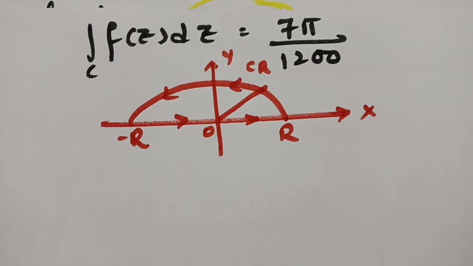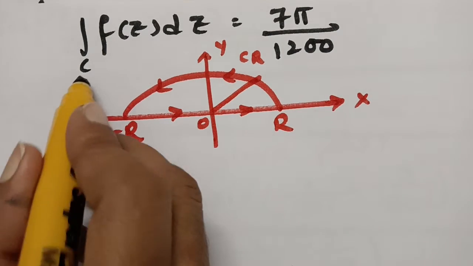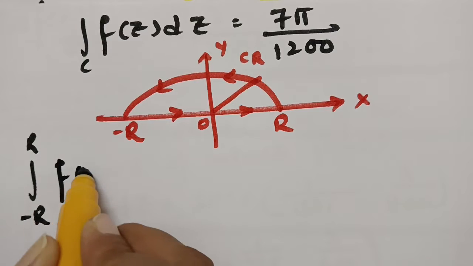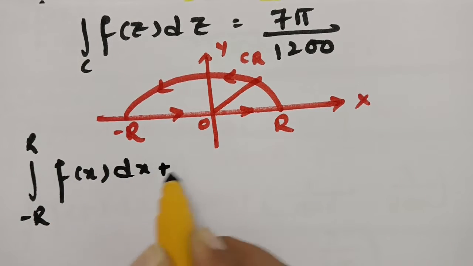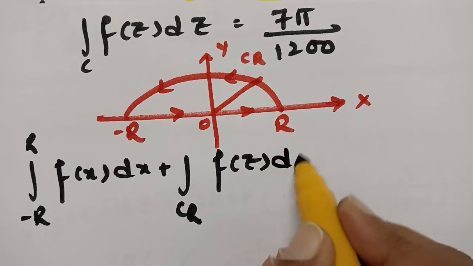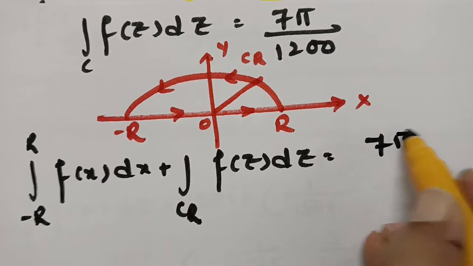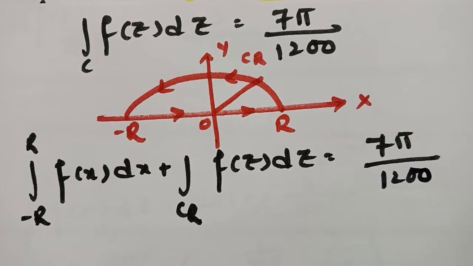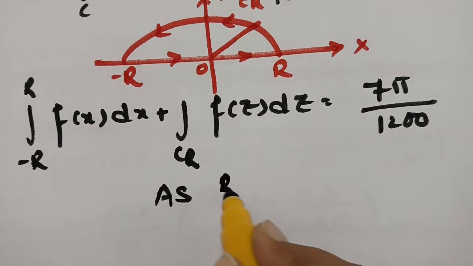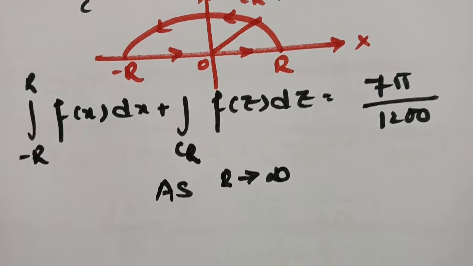Now the total integral I am telling you. So the integral over c will be split into two parts, that is minus r to plus r, this is the real axis, f of x dx, plus the semicircle, this is f of z dz, and the value here is 7 pi by 1200. Now as r tends to infinity, so what happens to this?